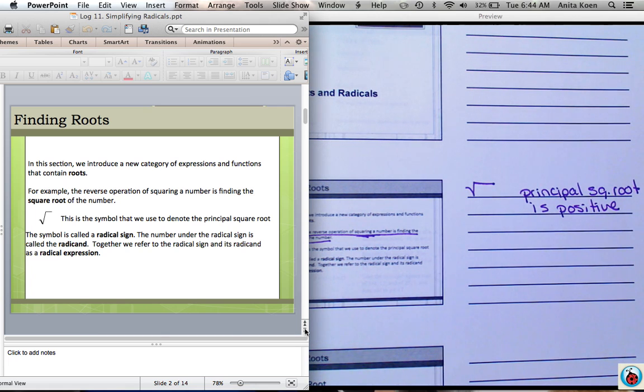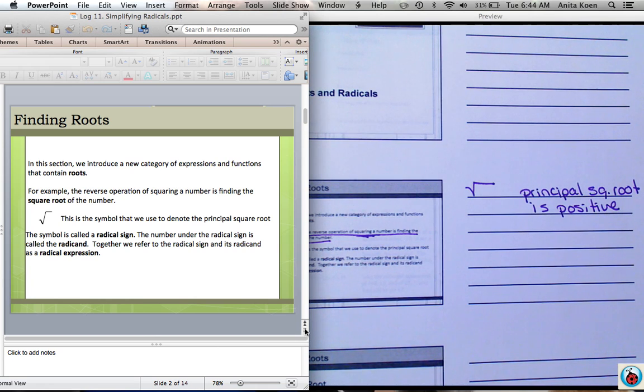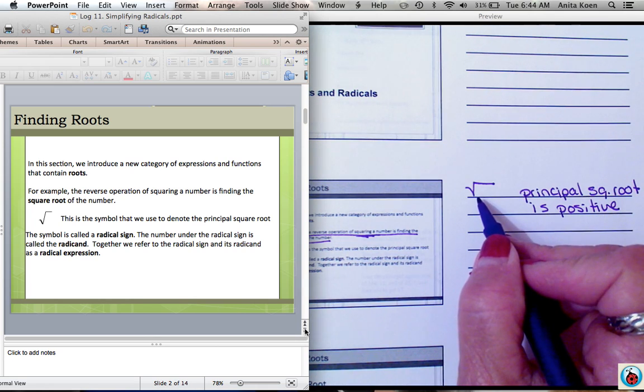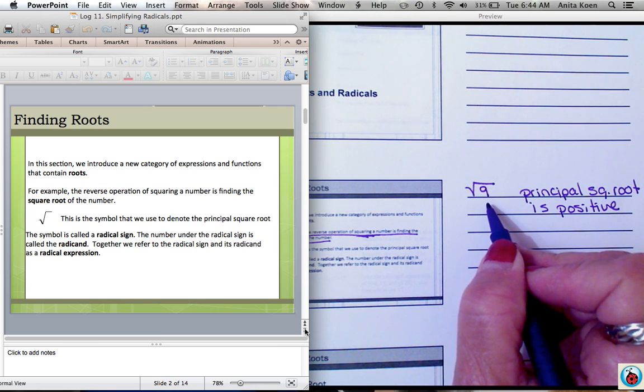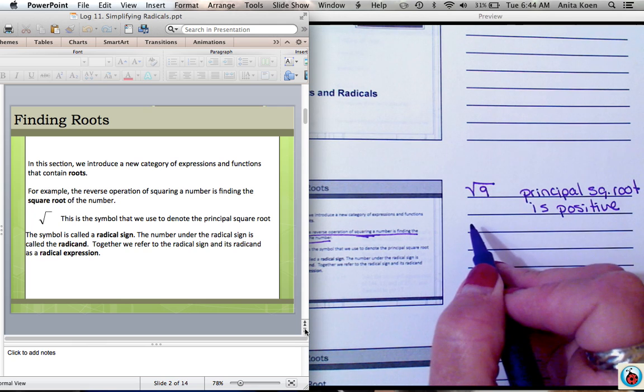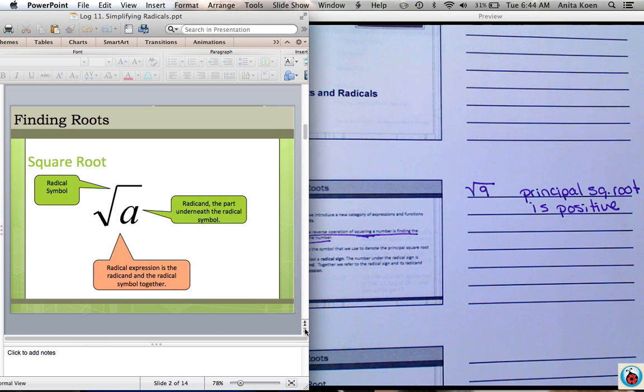The symbol is called a radical sign. The number under the radical sign is called the radicand. So if I put a number under here, this is called the radicand. Together we refer to the radical sign and its radicand as a radical expression.